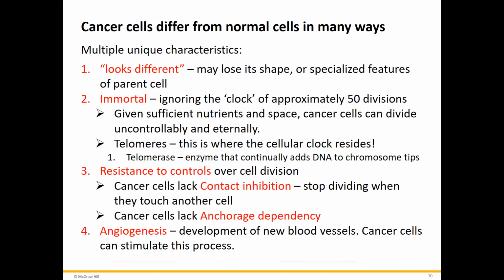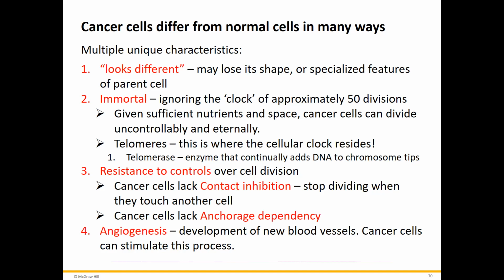But underneath telomeres is telomerase, and that's the enzyme that's needed to add DNA to the chromosome tips. Children make telomerase, especially in an embryo, when you are establishing your DNA, but you don't make telomerase as an adult. So we'll explore that here in a minute, but we're looking at the unique characteristics that make cancer cells different from normal cells.